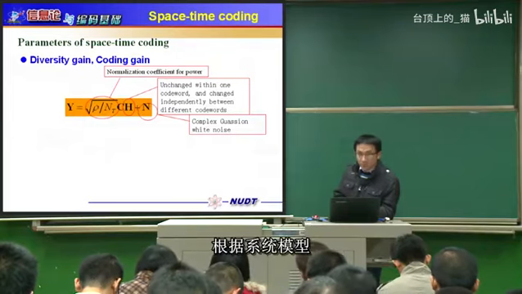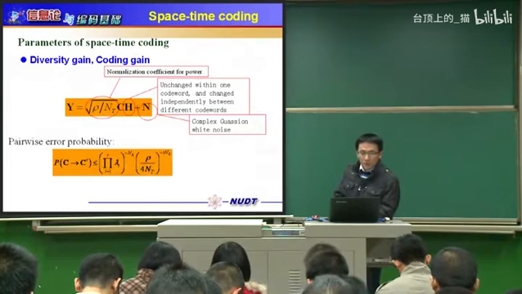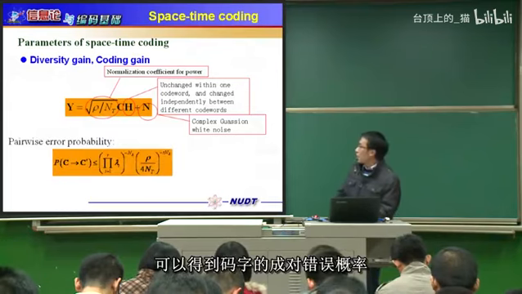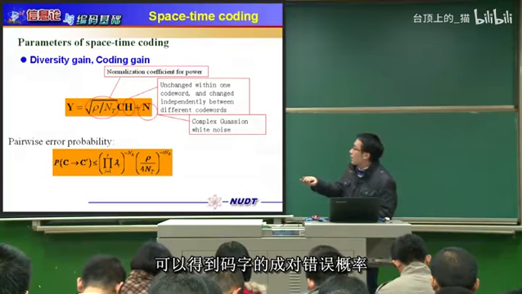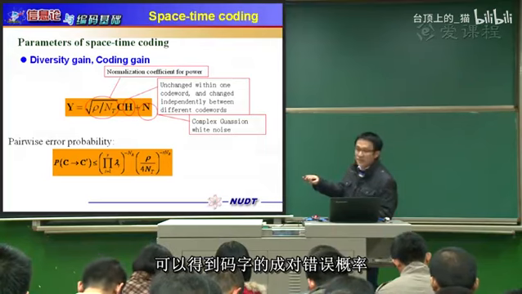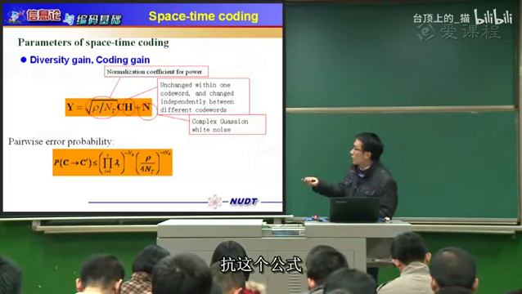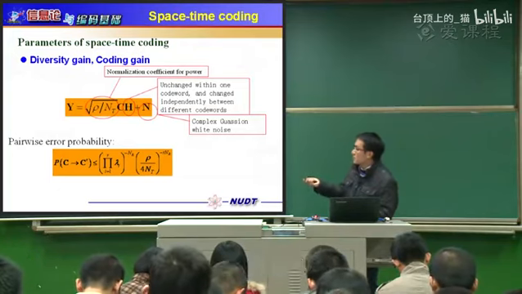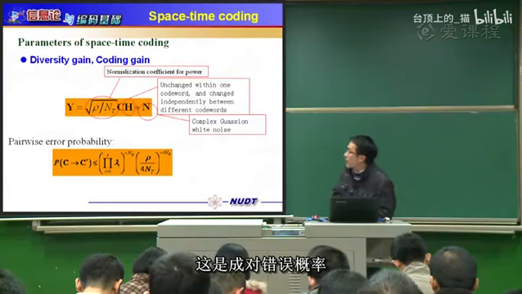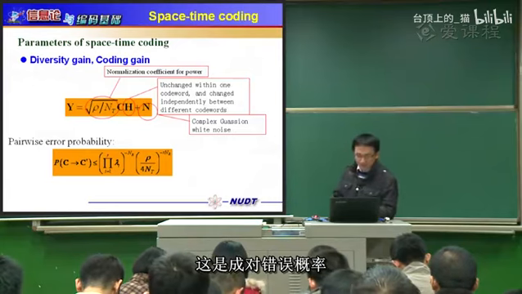According to this system model, people give the pairwise error probability for this expression. This is the pairwise error probability.